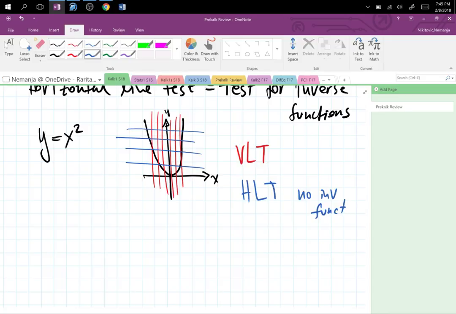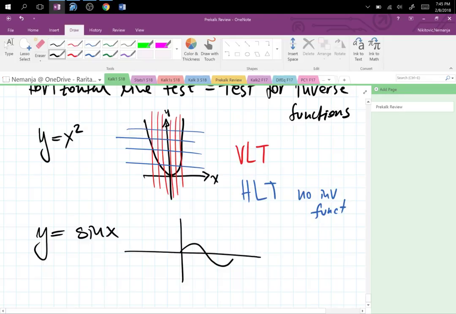You have more of these functions that do the same thing, like sin x. Sin x fails miserably, because when you do a horizontal line test, the horizontal line cuts infinitely many times through the infinite sine wave, where your wave goes forever in both directions. It fails, cutting more than once, infinitely many times.